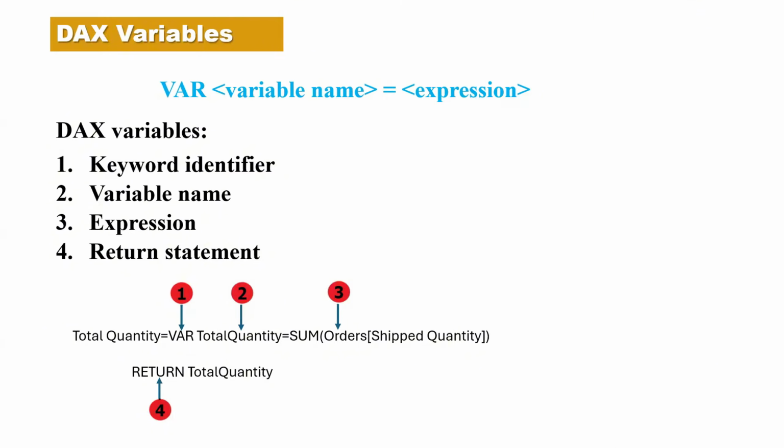In simpler measures, we may have used a single DAX function as the entire expression. Even if that function contained other nested functions, there was always one outermost function, and its result became the value of the measure. With variables, we gain more control, clarity, and flexibility over how that final result is calculated.